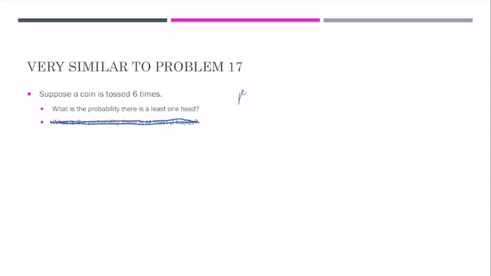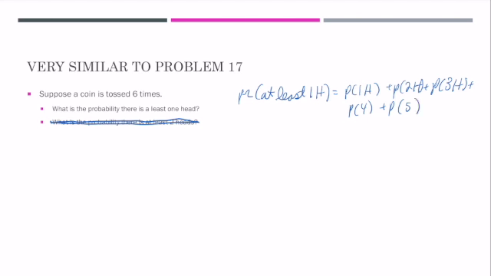The probability of at least one head is the probability of one head plus the probability of 2 heads plus the probability of 3 heads plus the probability of 4 heads, plus the probability of 5 heads, right?